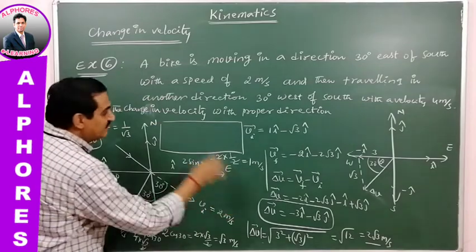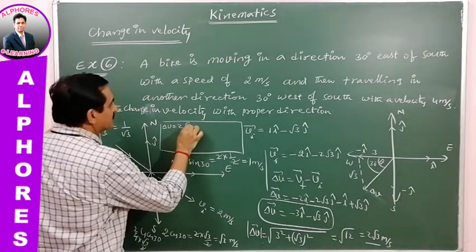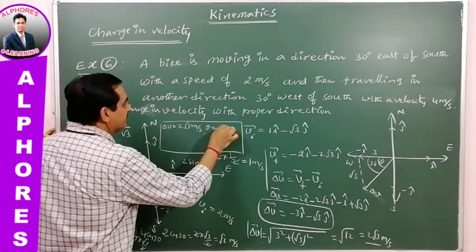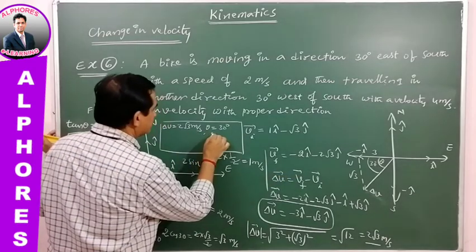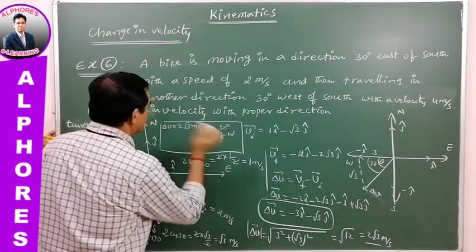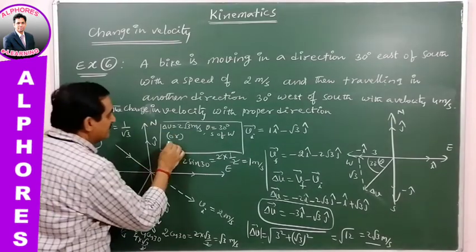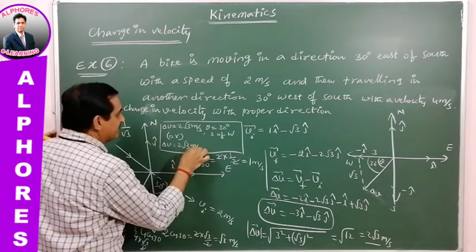Final answer. Change in velocity: magnitude 2 root 3 meter per second at theta equal to 30 degree south of west direction. Or we can also give its answer as 2 root 3 meter per second.